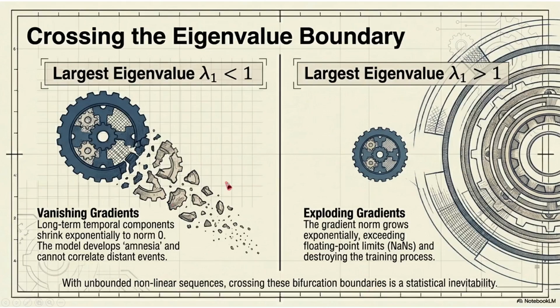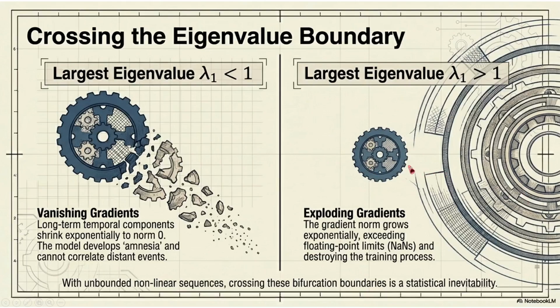So we end up crossing an eigenvalue boundary. If the largest eigenvalue of these matrices is less than 1, we get vanishing gradients. The long-term temporal components shrink to 0, and our model develops amnesia, unable to correlate distant events.